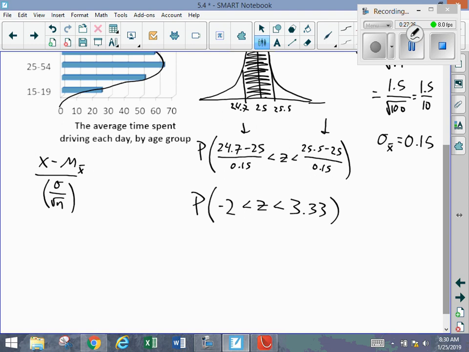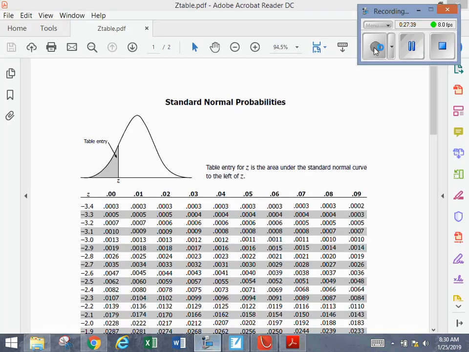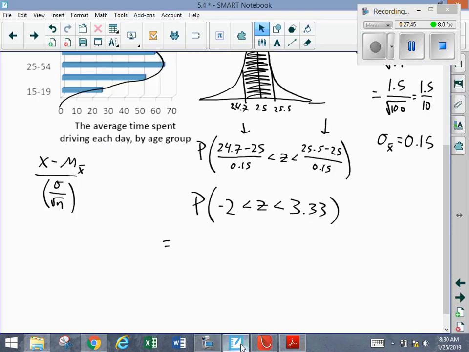Okay, it's probably going to be a fairly huge number, actually. So what does that equal to? Well, we can go to our z table, and we will find an area, first of all, for 3.33.